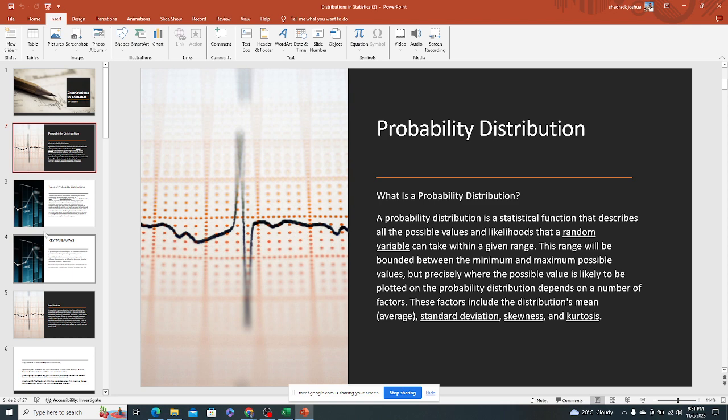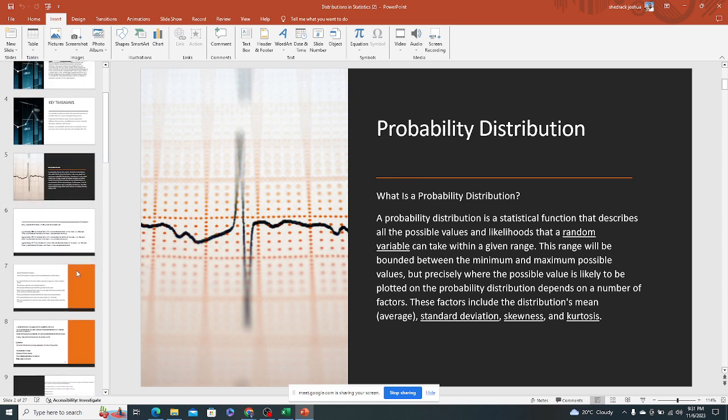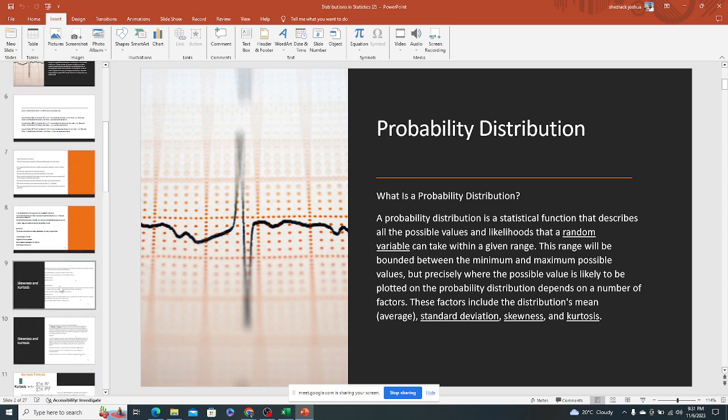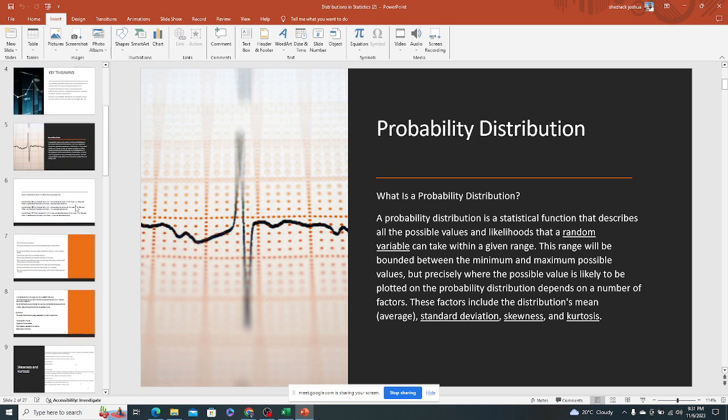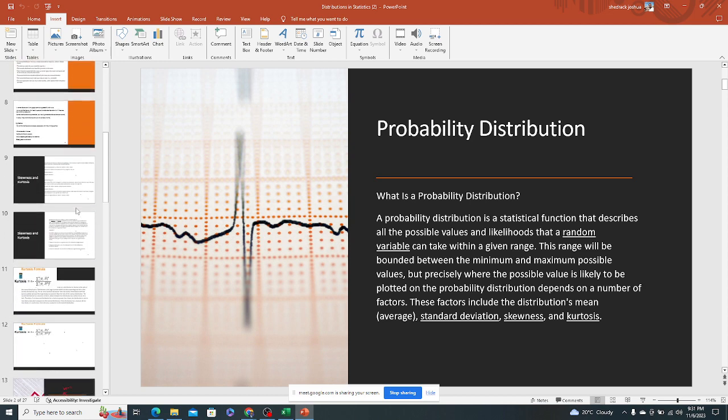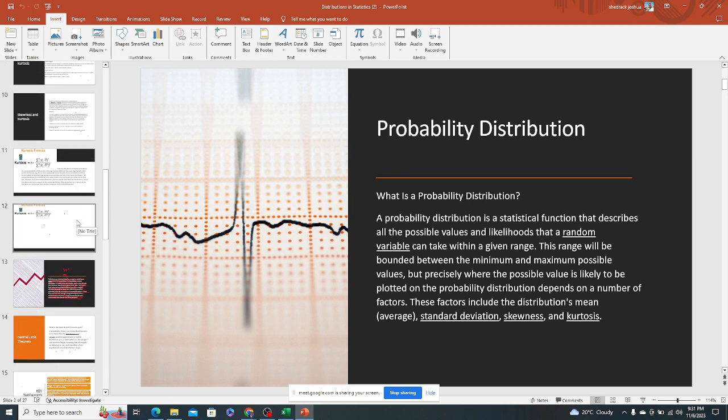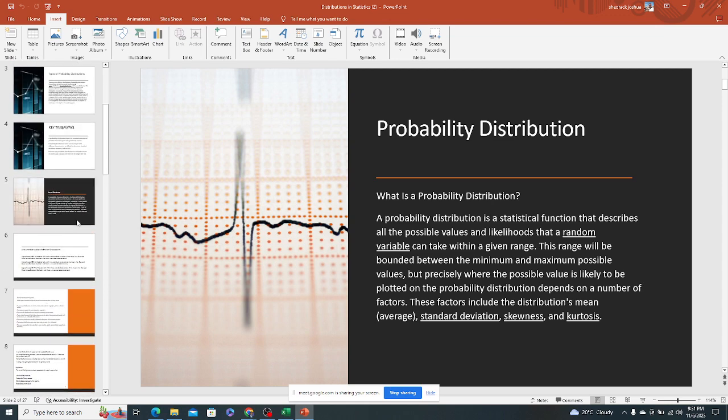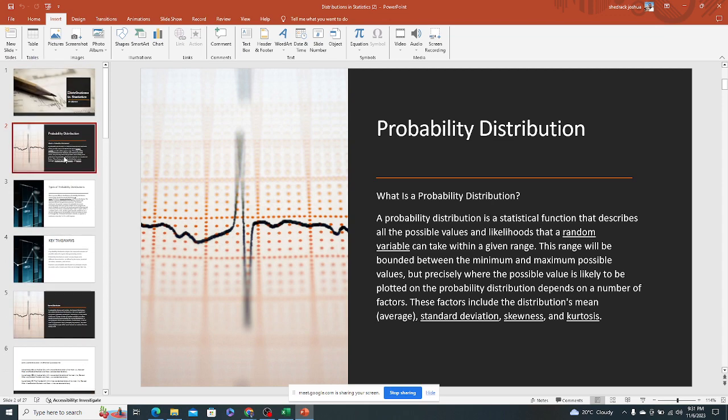We'll go through the theory part first, and then after that we'll go to the practicals, as we usually do. So, what is probability distribution?